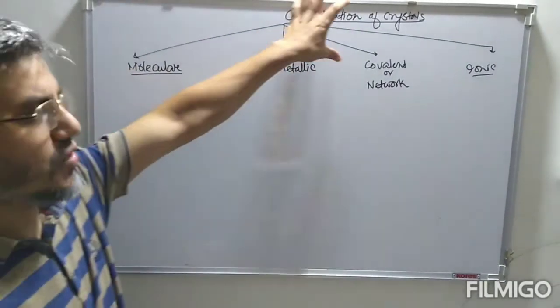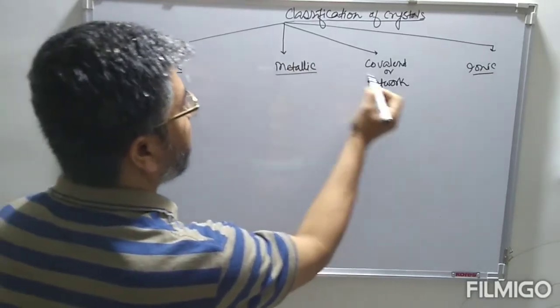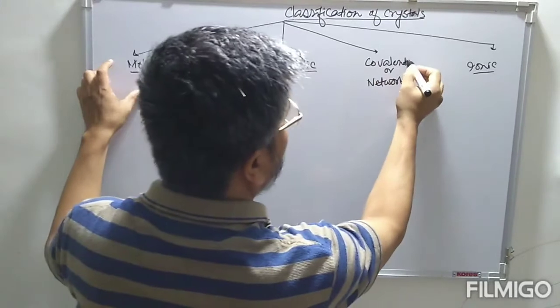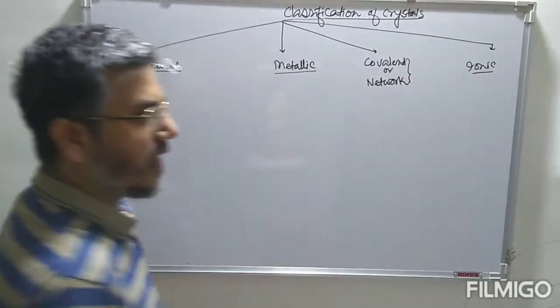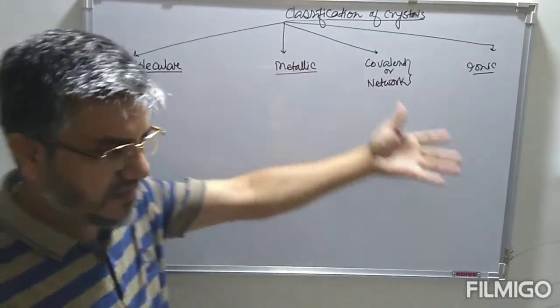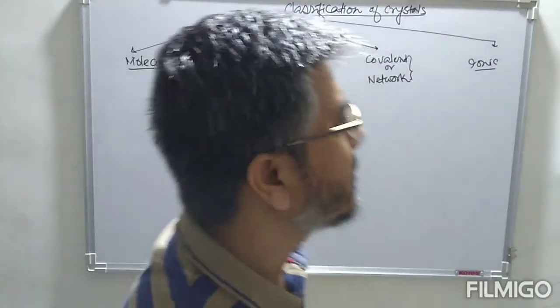So crystalline solids are basically classified into four different types. We have molecular, metallic, covalent or network, and ionic. Now let's see the difference between these different forms of crystalline solids.